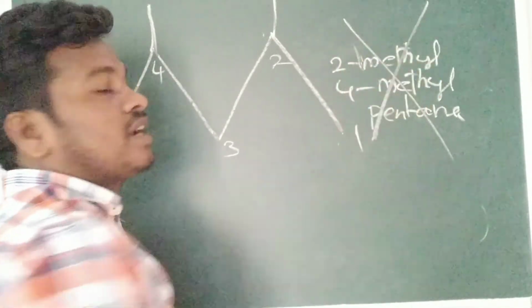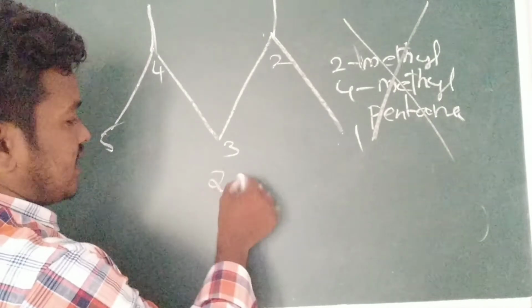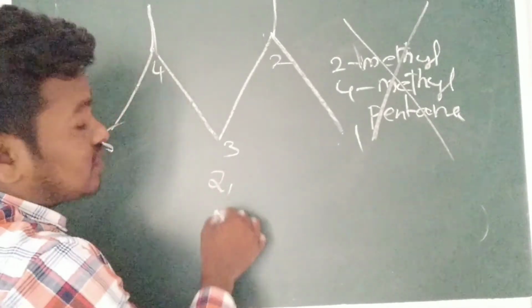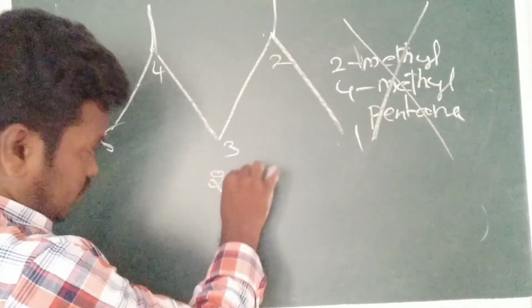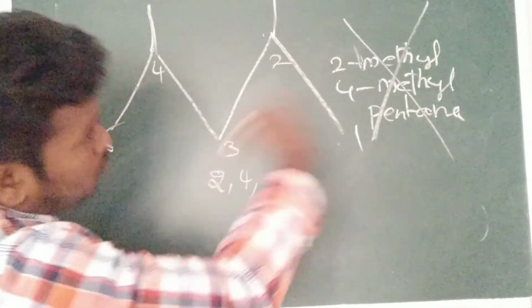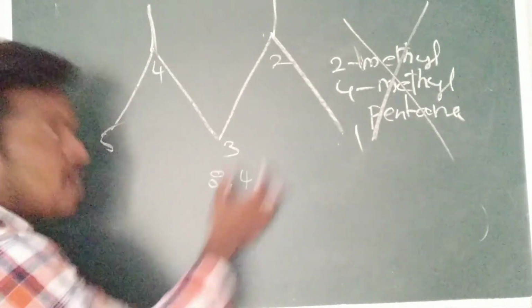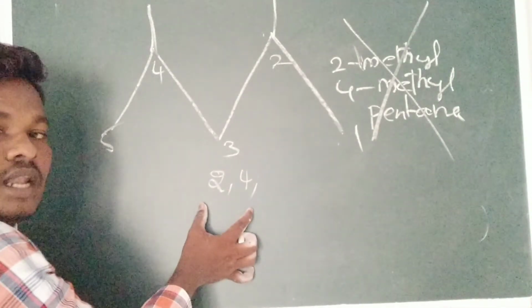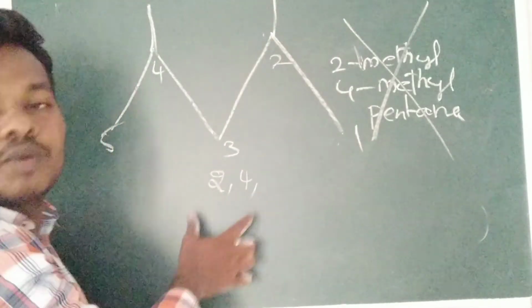On the second position, comma, fourth position, numbers are separated by commas. Only take the positions of the identical substituent.